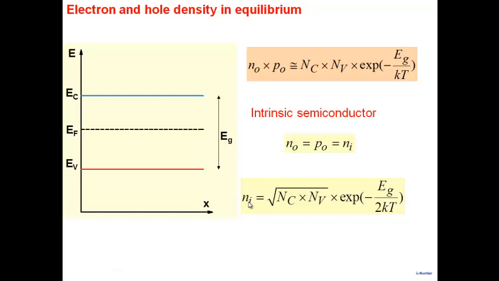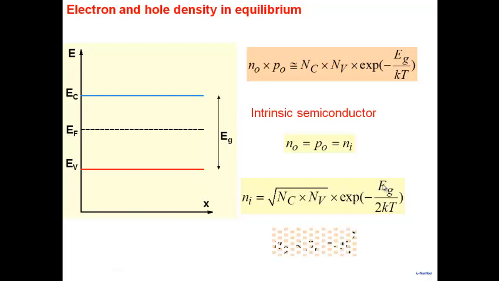Resistance depends on how many electrons and holes there are. If I measure the resistance as a function of temperature, NC and NV are relatively constant, and I plot R as a function of 1 over T, then I will simply get the band gap. So I can estimate the band gap by simply measuring the resistivity of a pure intrinsic semiconductor as a function of temperature, and you have the value of Eg.